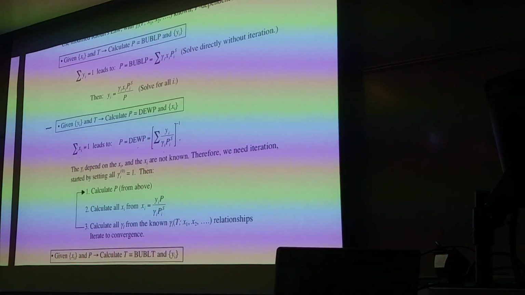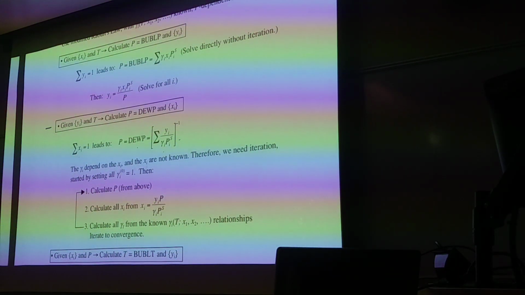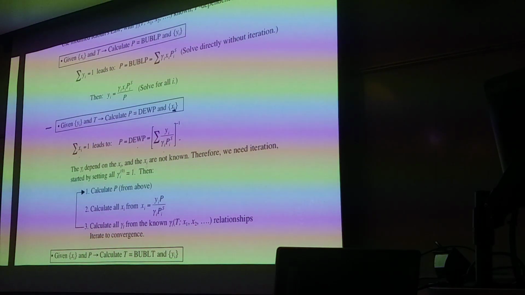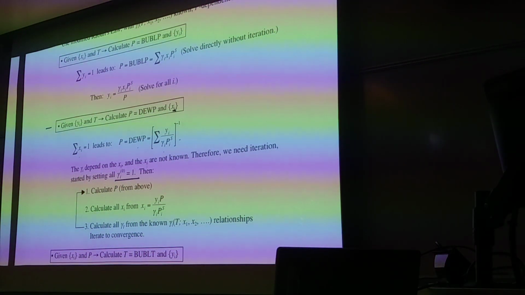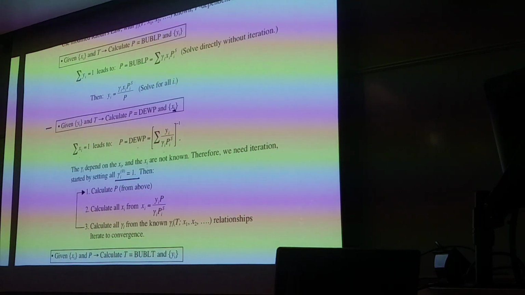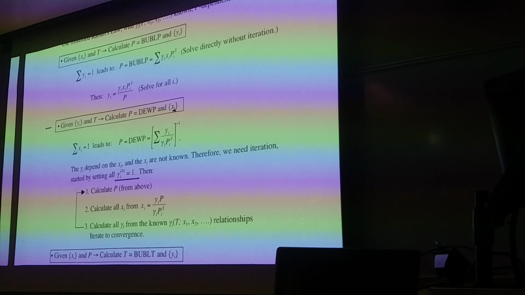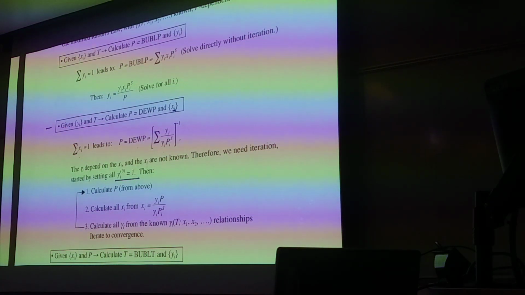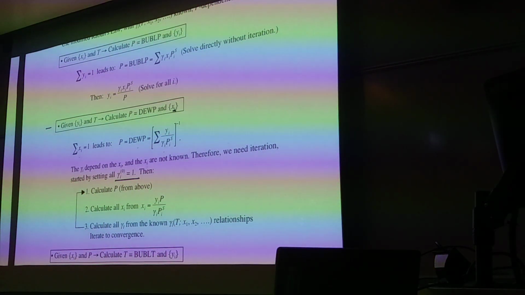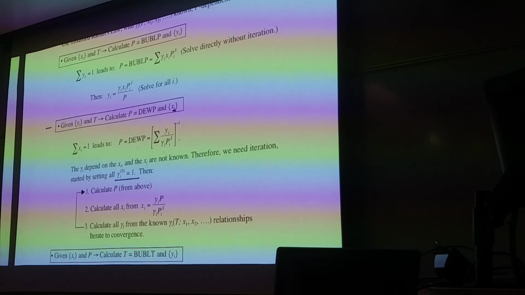But now what I have to do is realize that gammas here depend on this unknown liquid composition. So I have to start out by assuming all the gammas are 1. And that gets me going on the iterative scheme for this. I'll calculate pressure from the above equation, and then all the xi from that. In Raoult's law case, you were done at that point.